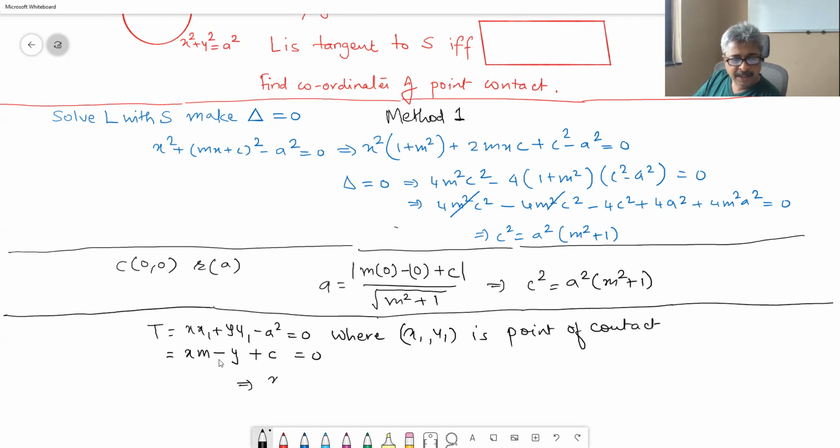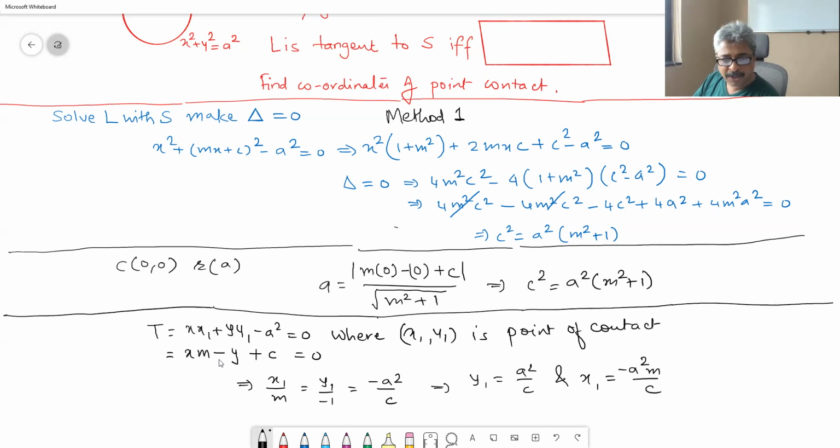This implies x1 upon m is equal to y1 upon minus 1 is equal to minus a square upon c. That implies y1 is equal to a square by c and x1 is equal to minus a square m by c. Oh, we got the point of contact first.